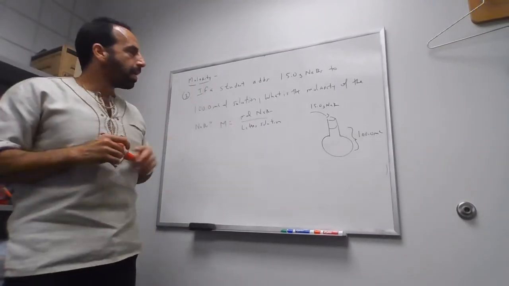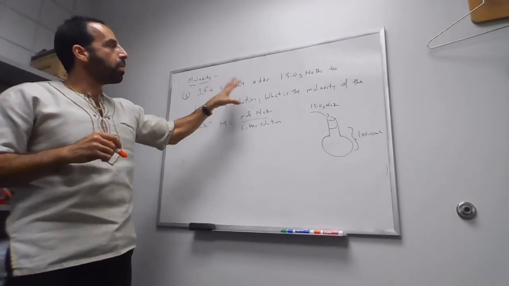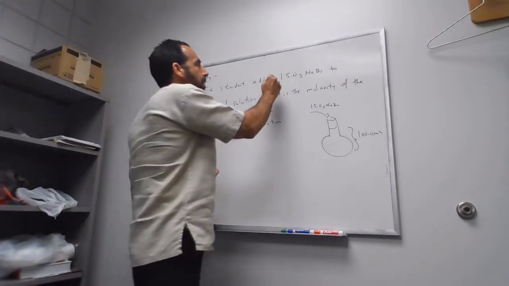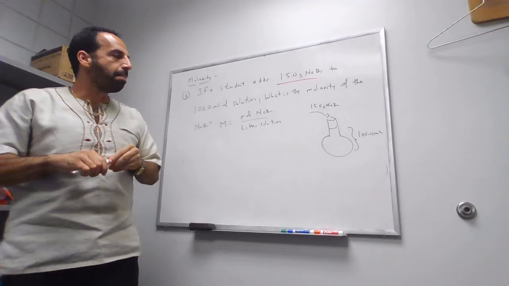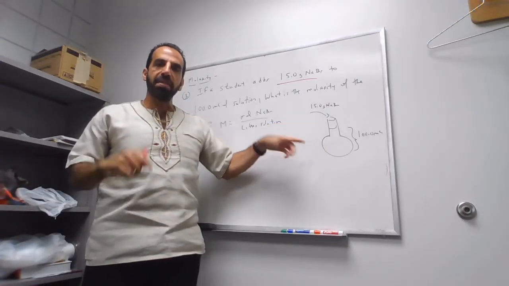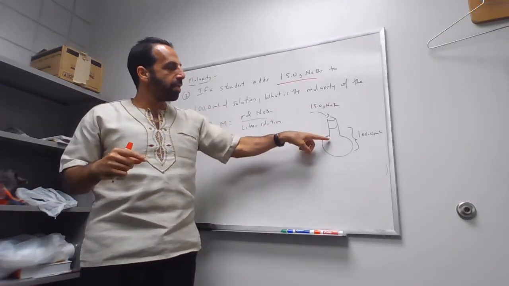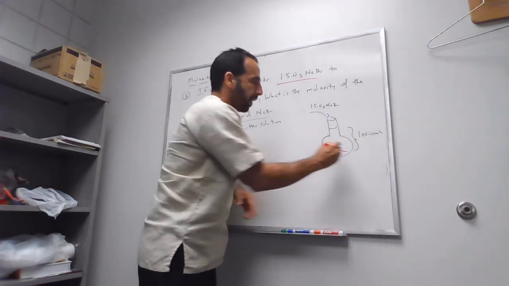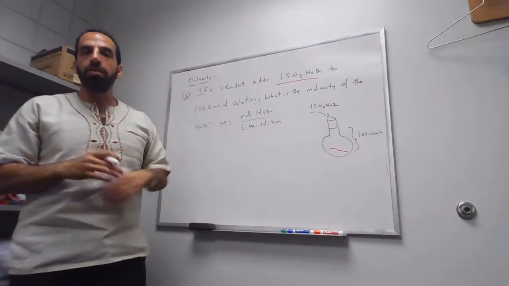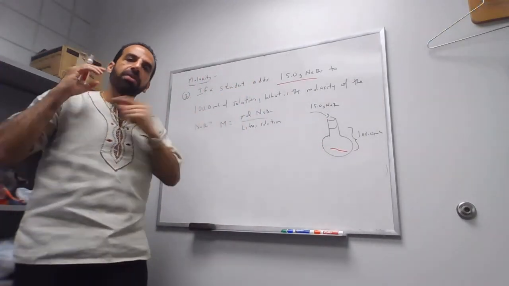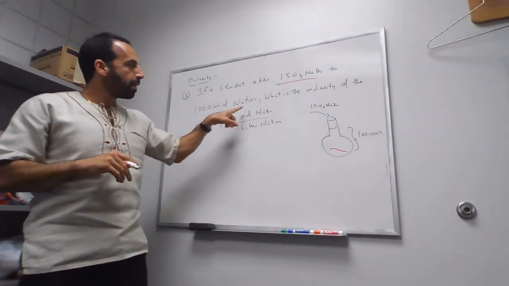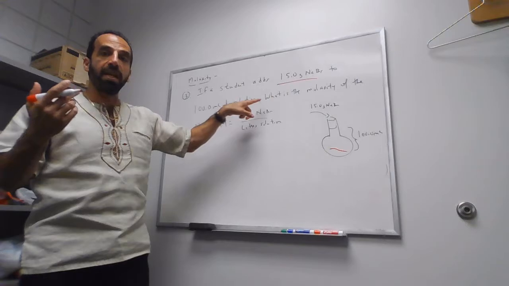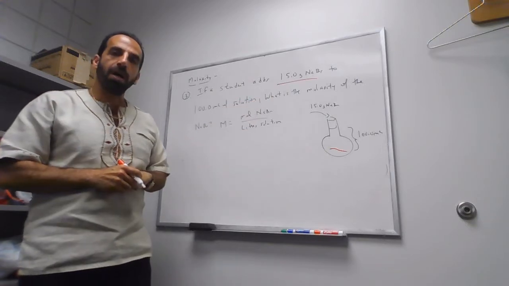So let's take a look at this last one here. It says if a student adds 15 grams of NaBr to 100 milliliters of solution. So basically, if you're making a solution up in the lab, you get a volumetric flask that's 100 milliliters. You add 15 grams of NaBr. Again, you dissolve it, dilute it to 100 milliliters, and they ask, what's the molarity of that? Remember, our definition for molarity: moles of solute, in this case NaBr, over liters of solution.